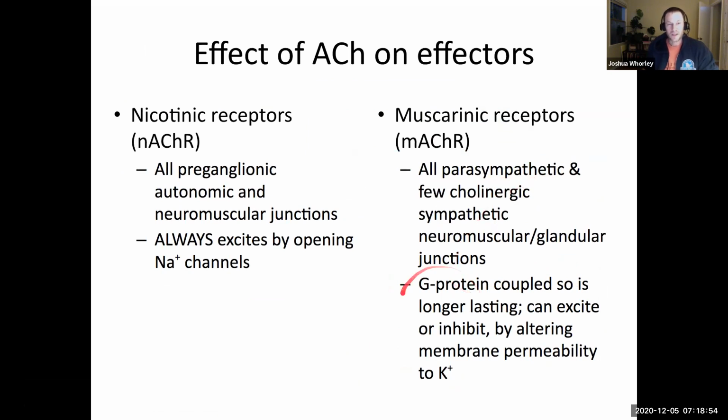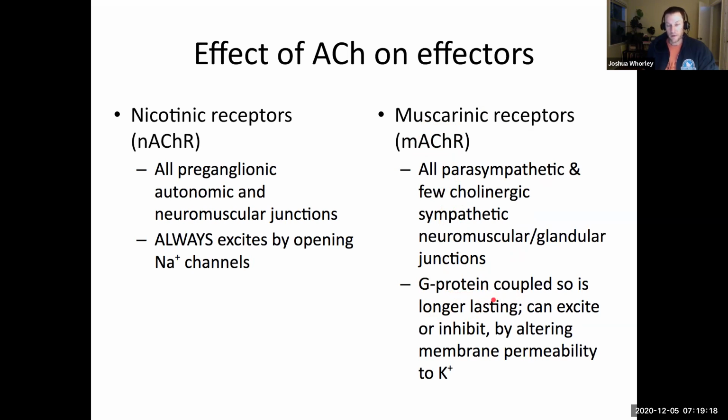These are G protein coupled, right? Just like we saw epinephrine and norepinephrine bound to receptors that were coupled to G proteins, this muscarinic acetylcholine receptor is also G protein coupled.